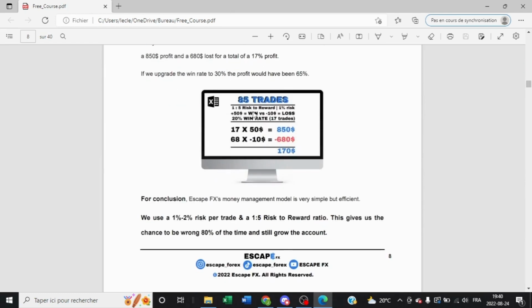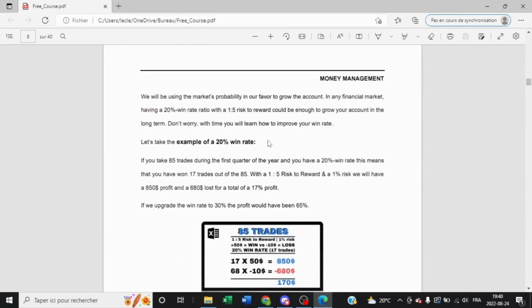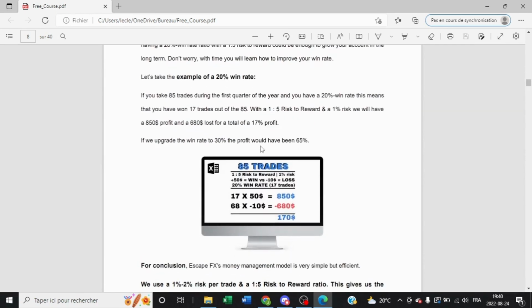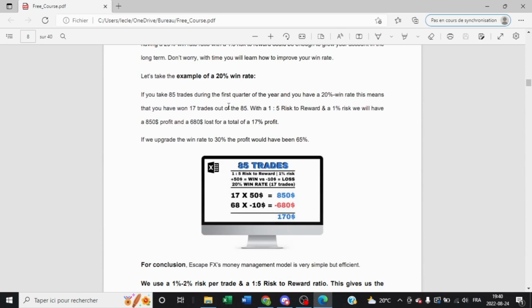All right, and also this is just a little example for you guys. You don't need to be winning 50% of the time. If you have a 20% win rate, all right, it's more than enough to be profitable. So here's a little example: if you take, let's say, in the month 85 trades, and you have on these 85 trades a 20% win rate with a 1% risk per trade, and you have a $1,000 account, well, you're gonna end up with a 17% profit.